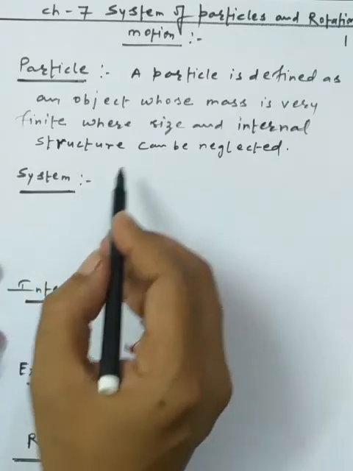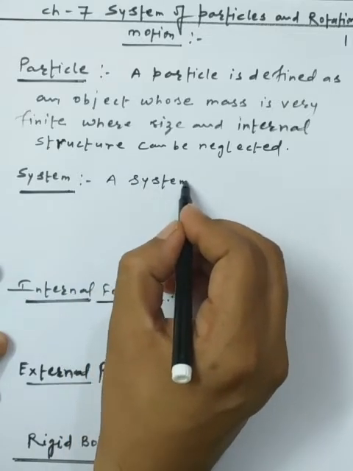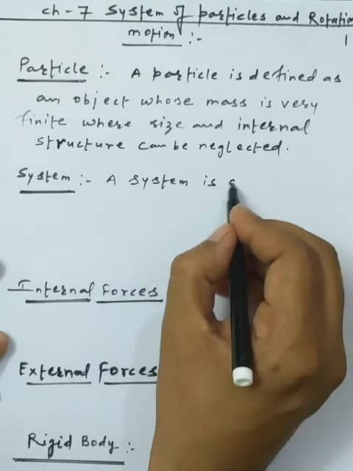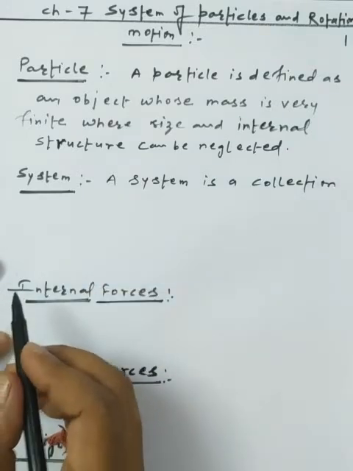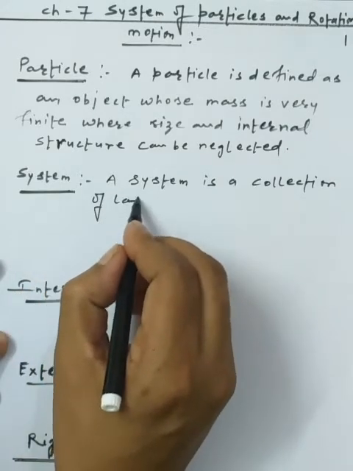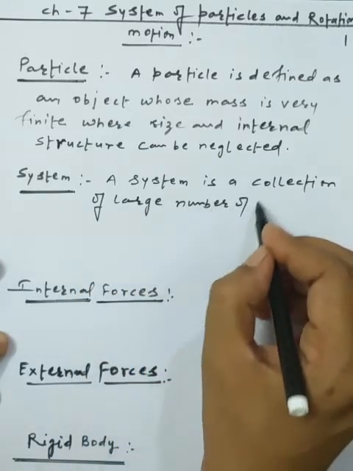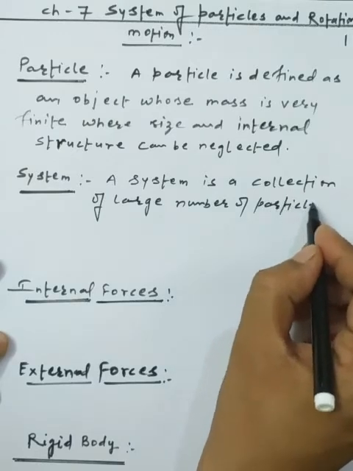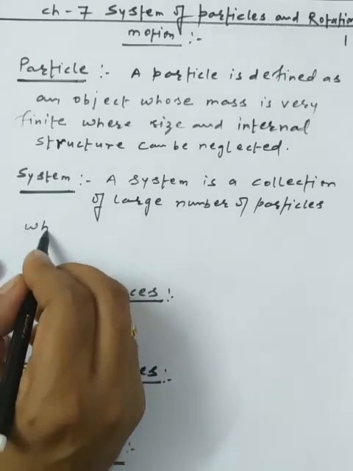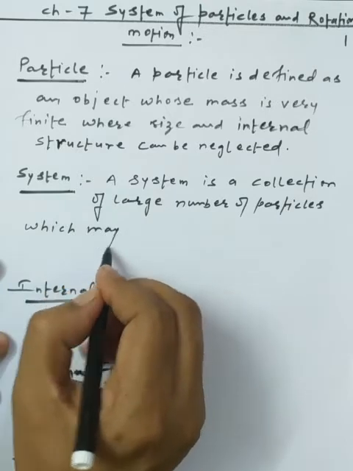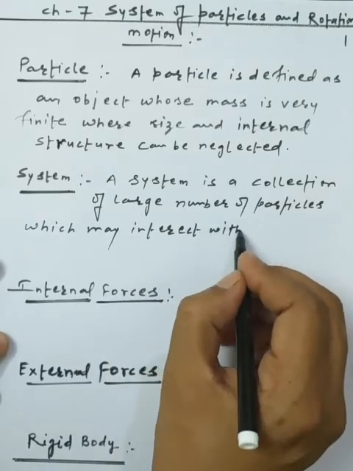Now what is the meaning of the system? A system is a collection of a large number of particles which may interact with each other.